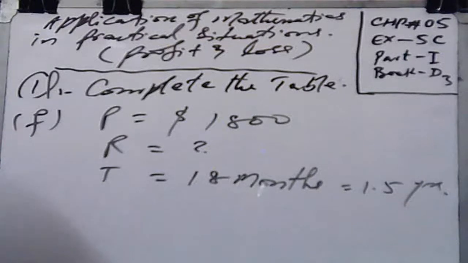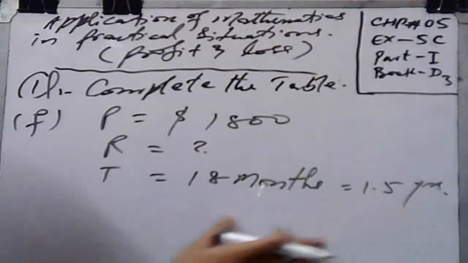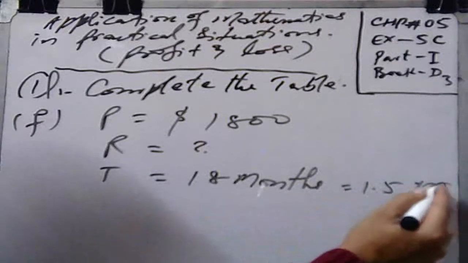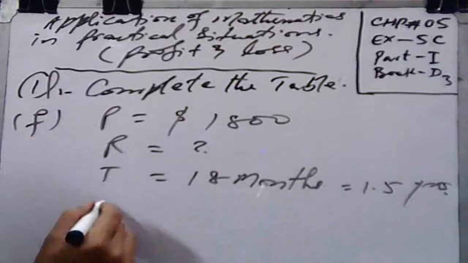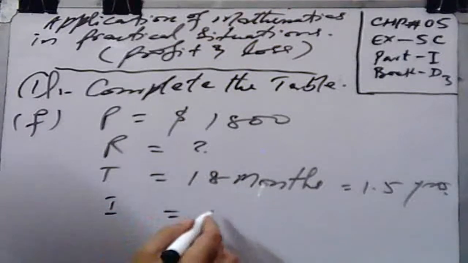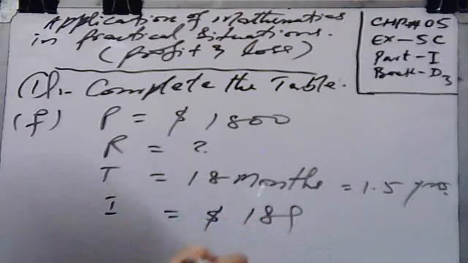You have to convert 18 months into years: divided by 12, you get 1.5 years, because we need the time period in years, not in months. So we have converted. Now the simple interest is $189, and we have to find the amount also.